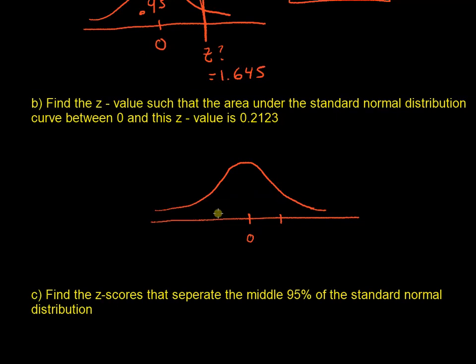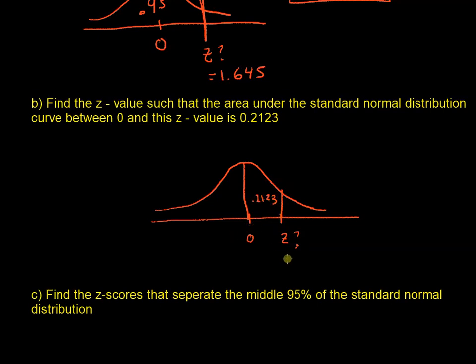You could have solved this problem on the negative side, so I guess there are two right answers to this question. So I'm going to put that unknown z-value over here. I know that the area between 0 and that z-value is 0.2123.